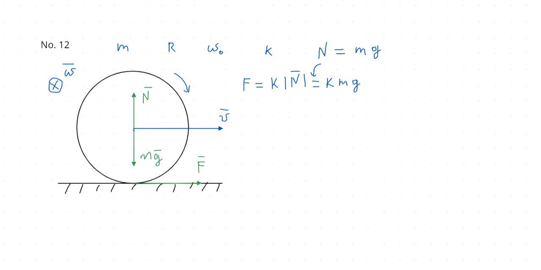Okay, and how can we define this velocity of motion of the center of mass of the cylinder? How can we define this velocity for this system?